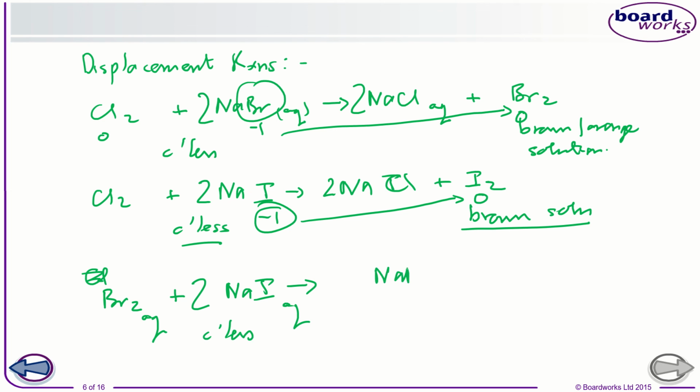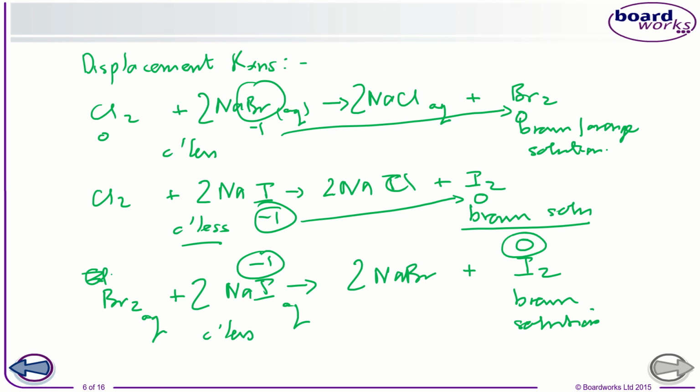If oxidation of the iodide ion takes place, it will be oxidized to iodine, and that's exactly what will happen. You will see a brown solution forming, proving that iodine is indeed present, and therefore the iodide ion has gone from -1, it's been oxidized to 0, and the only thing that's done that is the bromine, which has gone from 0 to -1. It has been reduced, therefore it's acting as the oxidizing agent.